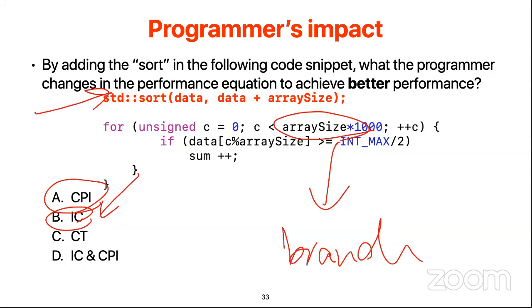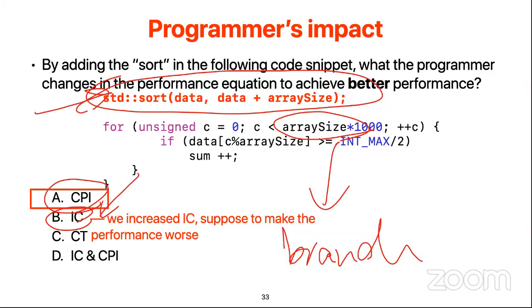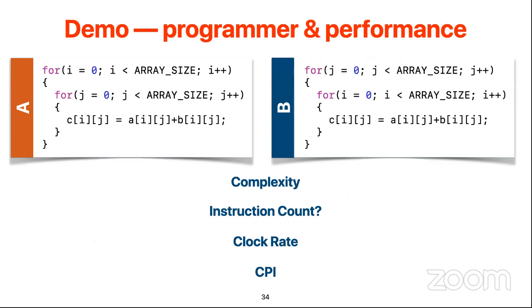And the compiler won't be able to do this for you, because the compiler's job is to not make your program wrong. If the compiler sorted it internally, it cannot guarantee your program is going to be correct or not. So that's why this kind of optimization has to be done by the programmer. And I keep saying that complexity is like a junk metric, and this is a good example.